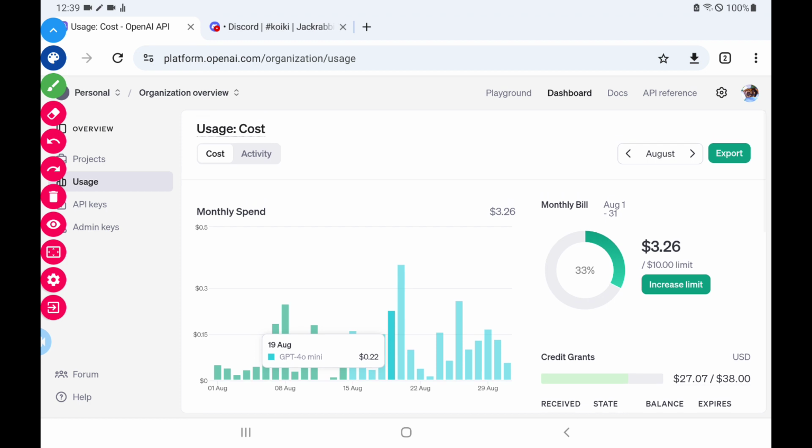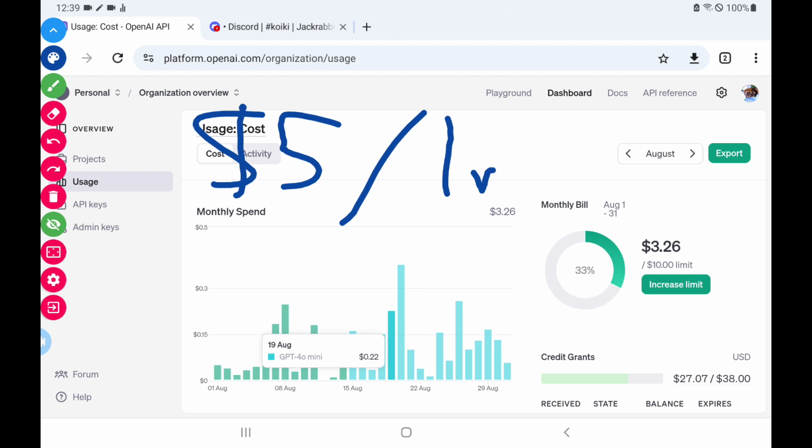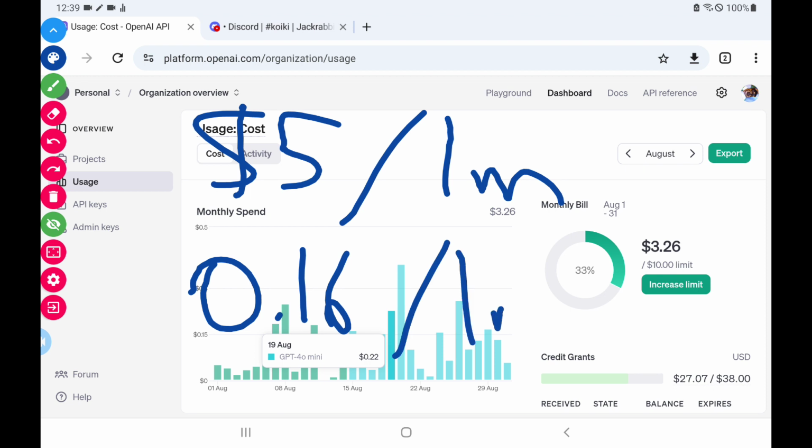For example, there is a Microsoft model that wants $5 per million tokens. That is expensive compared to 16 cents per million tokens. And the quality of the results are just as good, if not better, for what I am actually asking for.